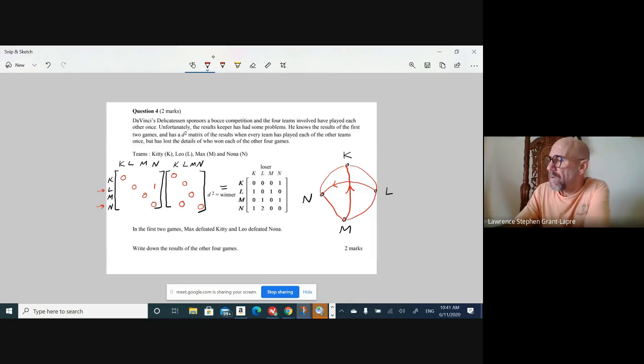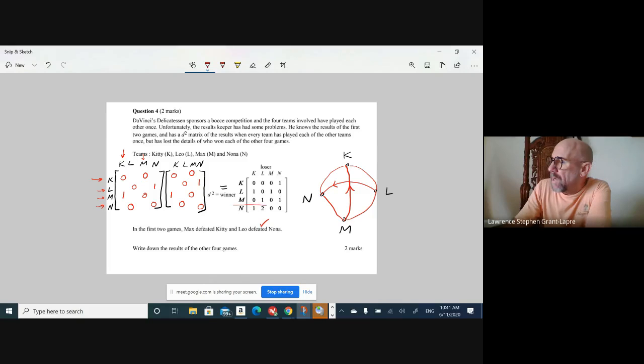So we put a 0 for Nona and Leo, but we put a 1 for Leo and Nona. Now, M beats K. So we put a 1 here, but K doesn't beat M, so we put a 0 there. All right, that's all we know so far.